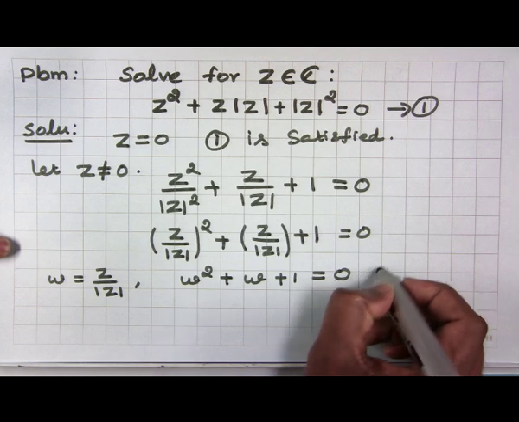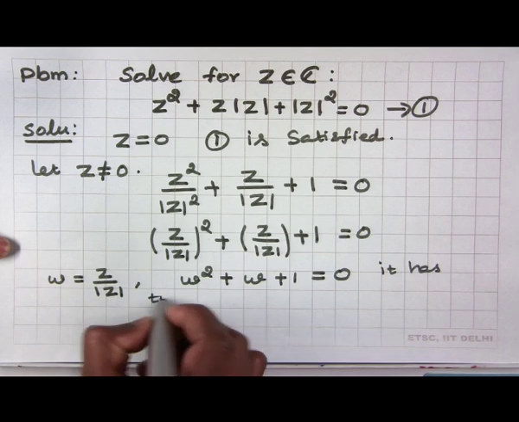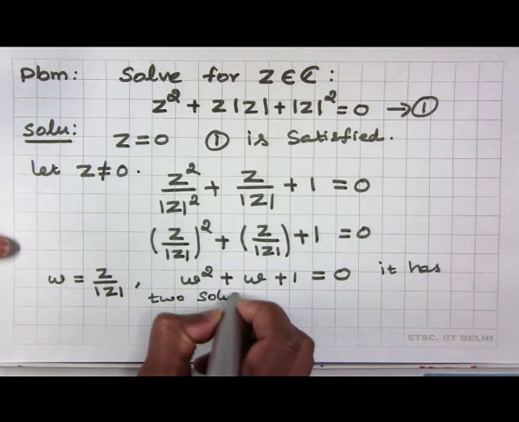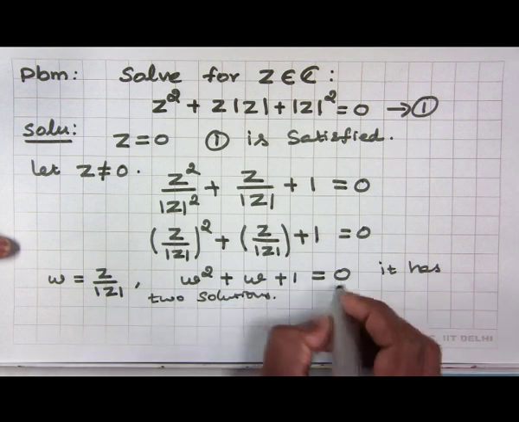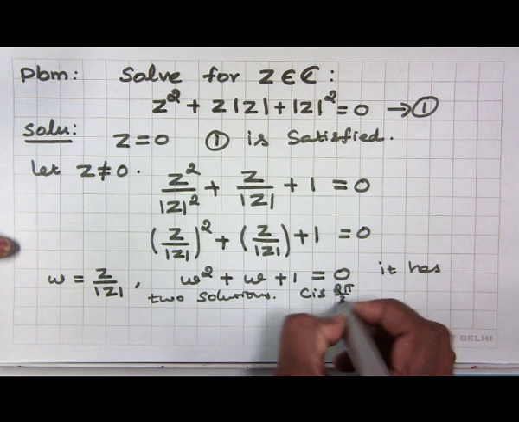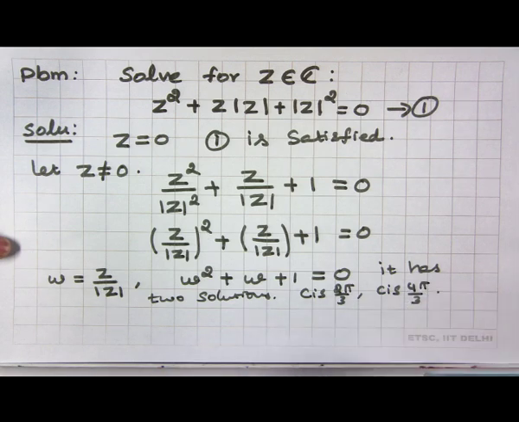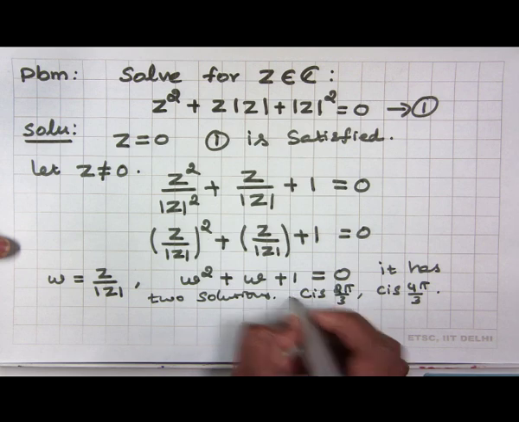So it has two solutions, which are cis 2π/3 and cis 4π/3, which we call omega and omega square.